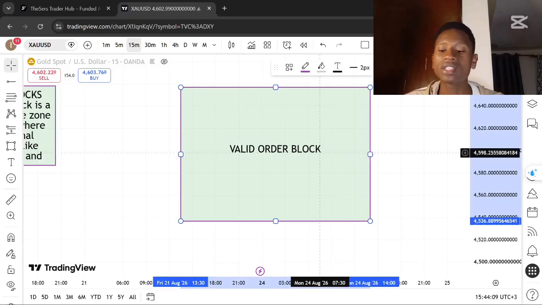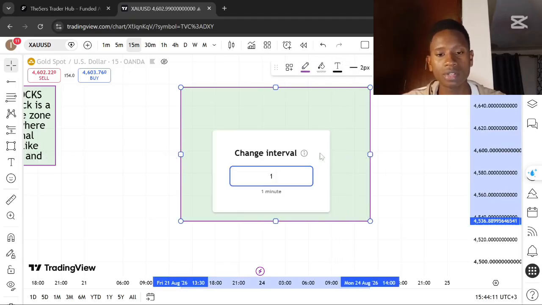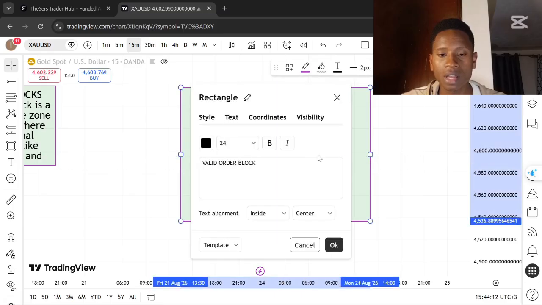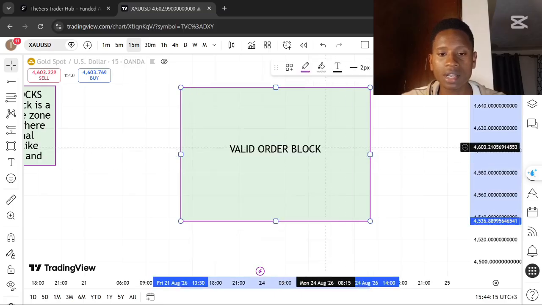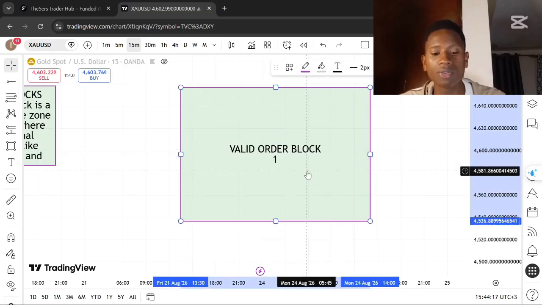The first confluence you're supposed to know is that the market has to have a structure.